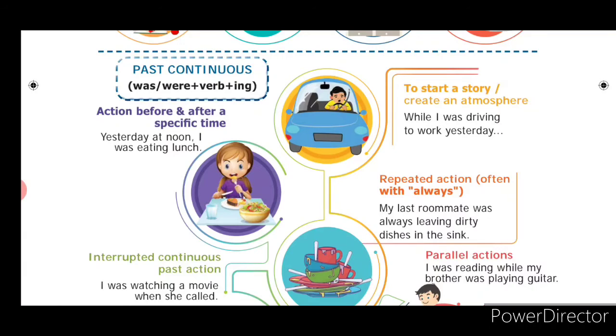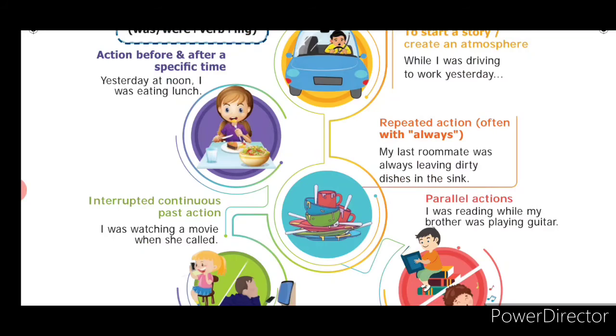Where is this past continuous tense used? Past continuous tense is used to show the unfinished or ongoing action in the past plus a finished action. Okay, so next, action before or after a specific time, that is, which happens at a certain time in the past.